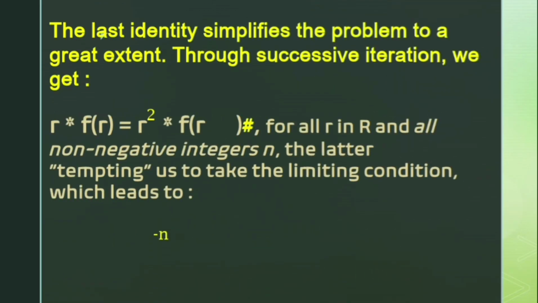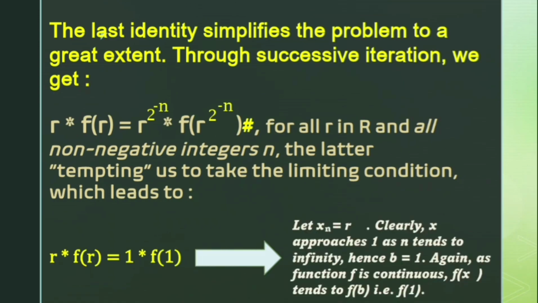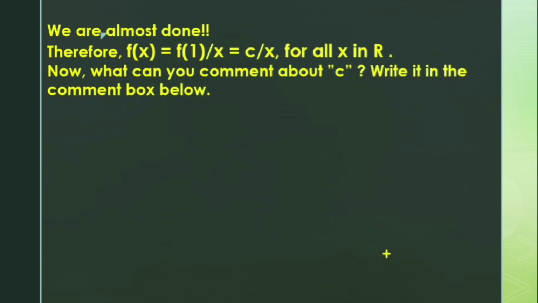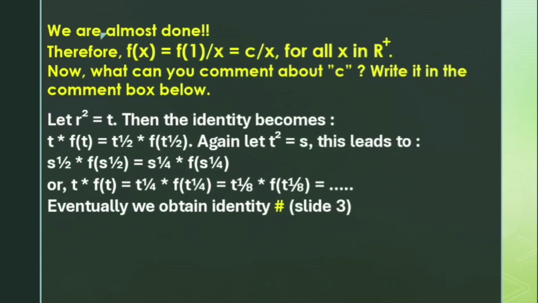So we'll substitute r square equals t, and that will give r times f(r) equals t to the power half times f(t to the power half) equals t times f(t). And now we'll again let t square equal s. And this exactly was the successive iteration which I was talking about, which was written in the previous slide.